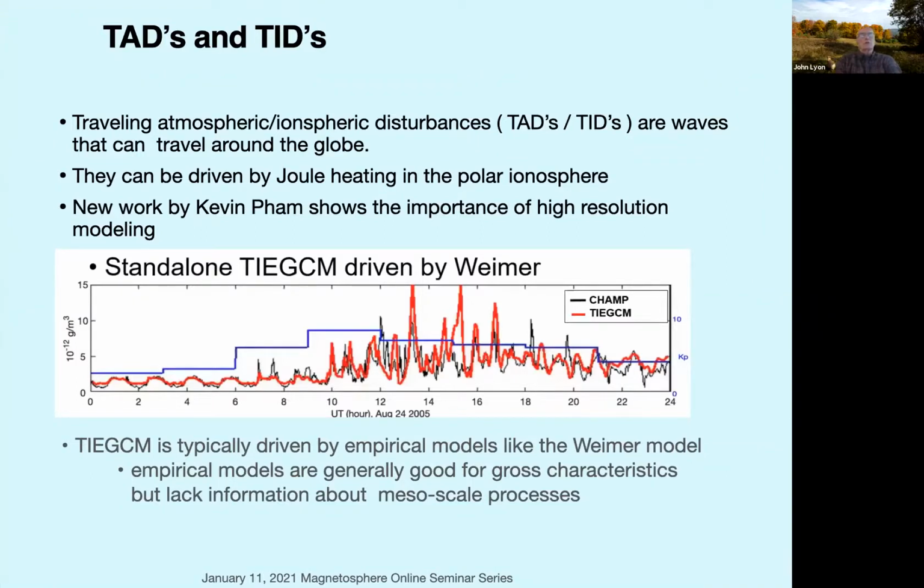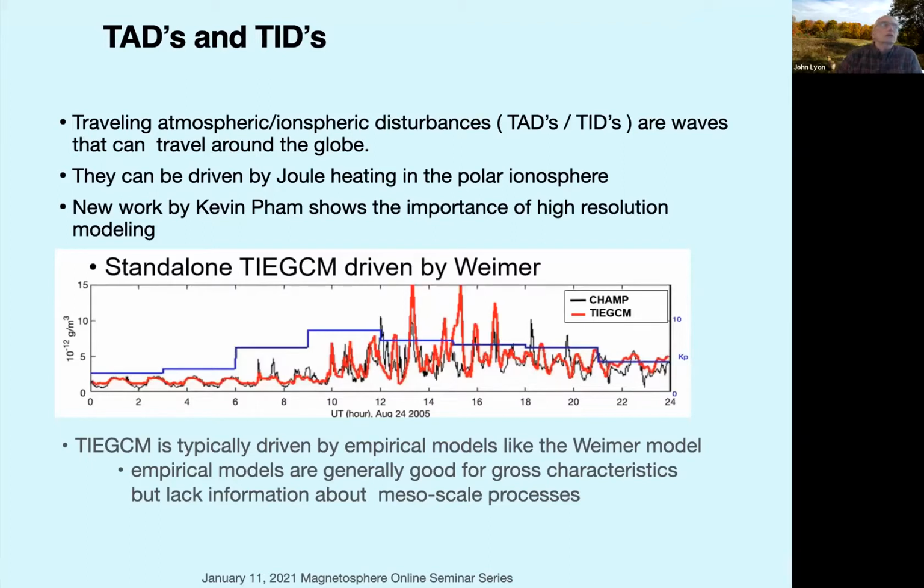If you use the Weimer model, which we saw before, to drive TIGCM, and you ask how the neutral densities that satellites see compare with what TIGCM would give you, you can see that the overall comparison is not terrific.